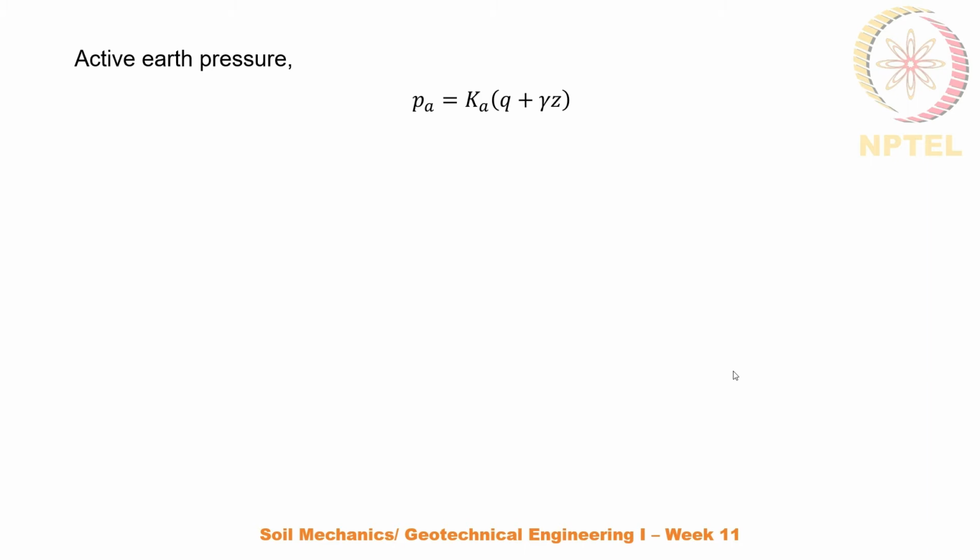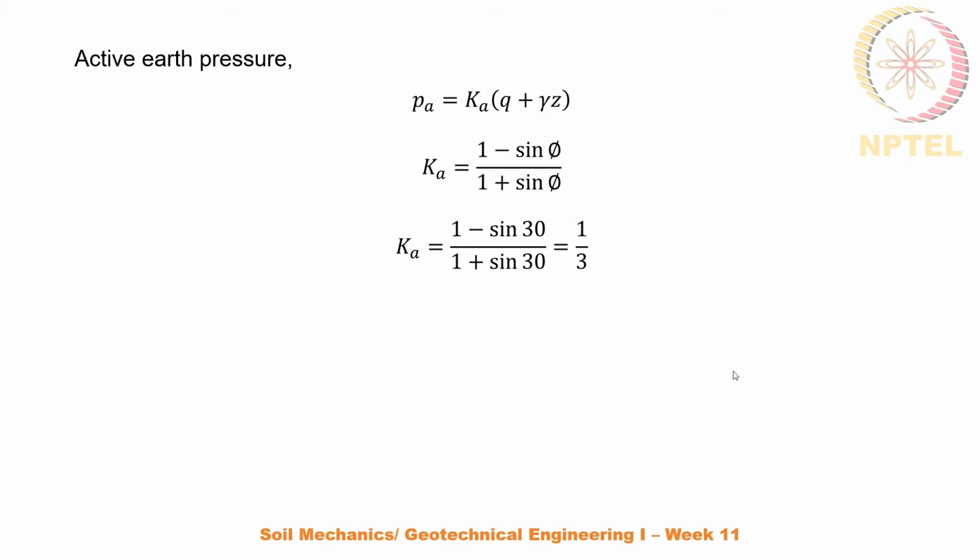So active earth pressure is given by Ka into (q plus gamma z). Now the coefficient of active earth pressure Ka is given by (1 minus sine phi) by (1 plus sine phi) when the surface of the backfill is horizontal.